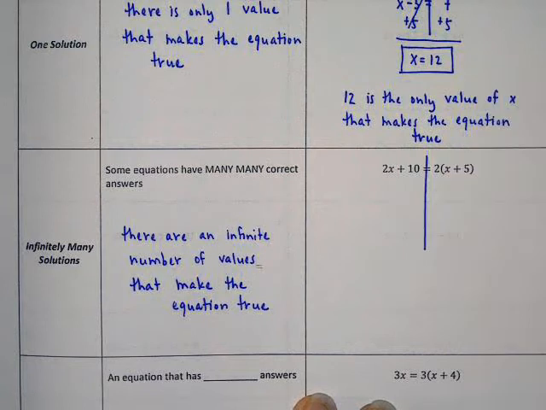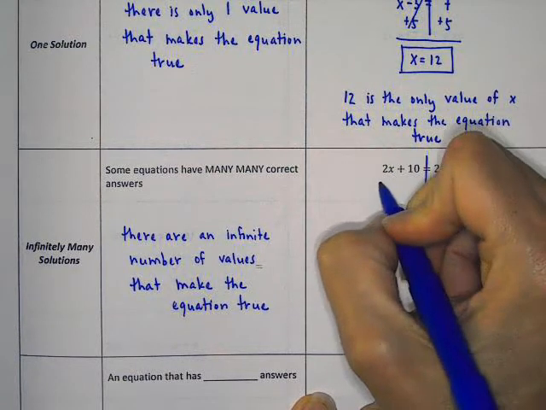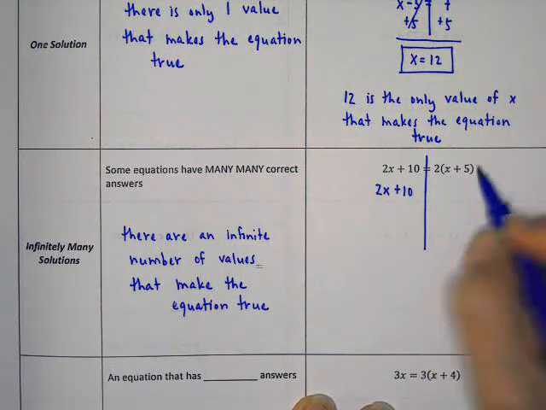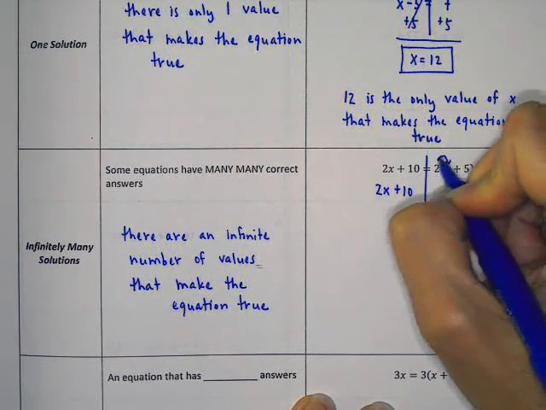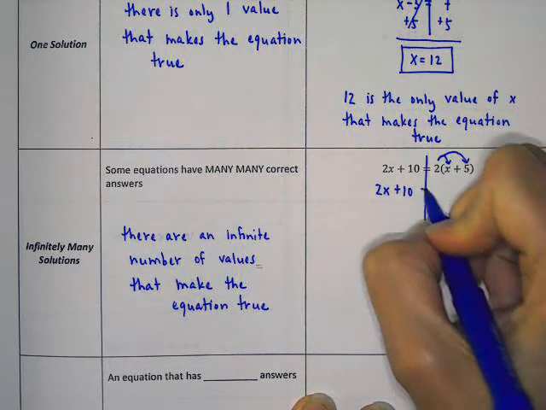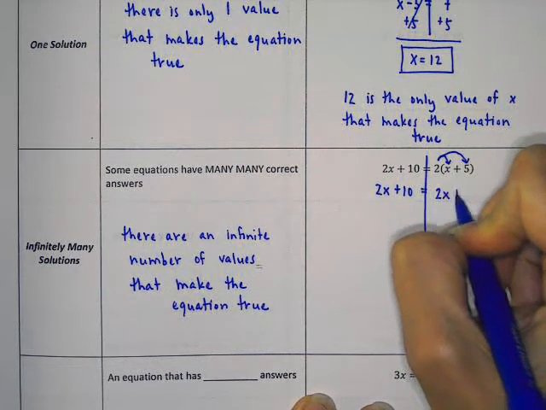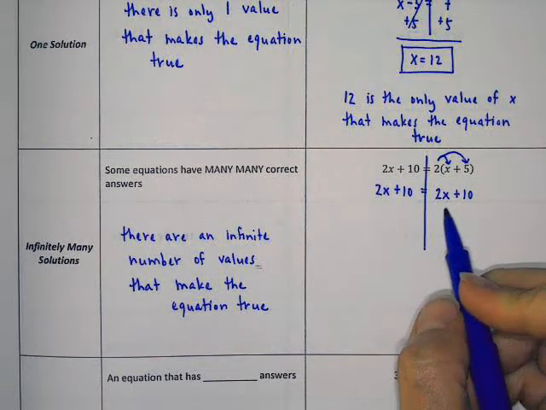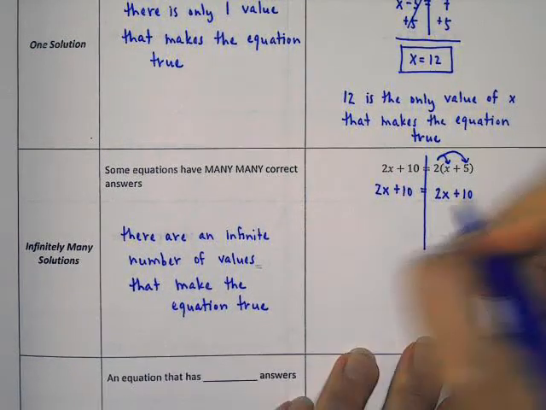If I have an equation here, I notice on the left side, I can't do anything with that yet, but I have parentheses over here which tell me to distribute. When I do that, I notice that both sides of the equation are exactly the same.